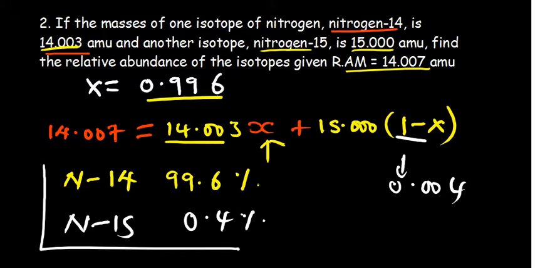So we've handled both situations, where they've not given us and where they've given us the relative atomic mass. And just for practice, I want you to find the relative atomic mass of chlorine given chlorine 35 and chlorine 37.